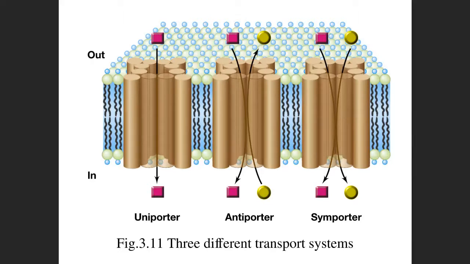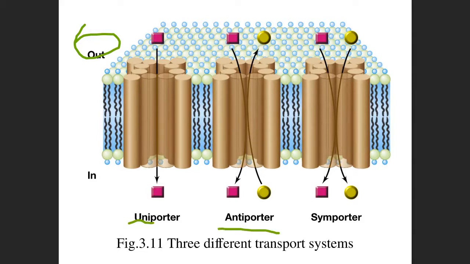Now, there are different ways of looking at transporters. I like to highlight, this is the outside, and this is the inside. Look at this one, it's a uniporter. Why? Because it comes in just by itself. And then this is an antiporter. Why?